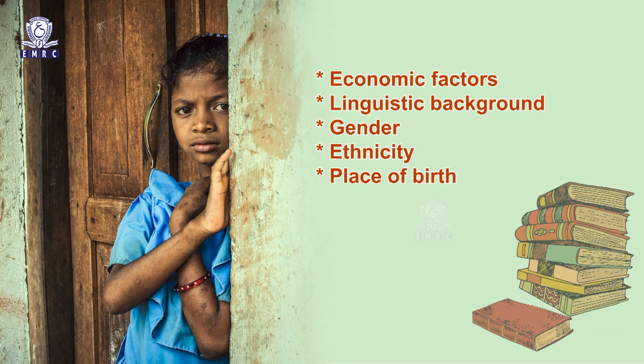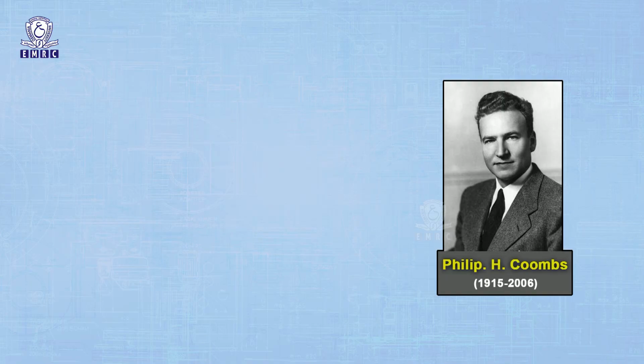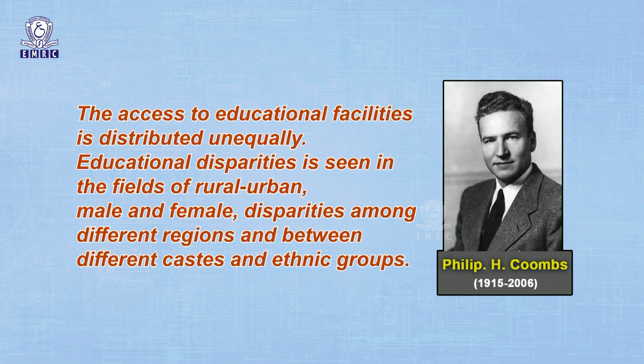Economic factors, linguistic background, gender, ethnicity and place of birth all have impact on the educational experience children have in India. These in turn contribute to disparities in knowledge in India's society. According to Philip H. Coombs, renowned educator, the access to educational facilities is distributed unequally.